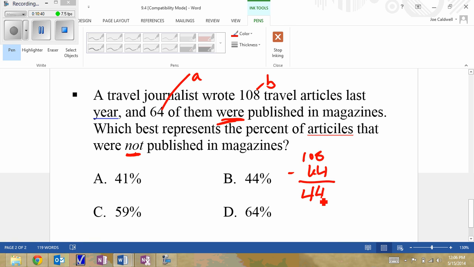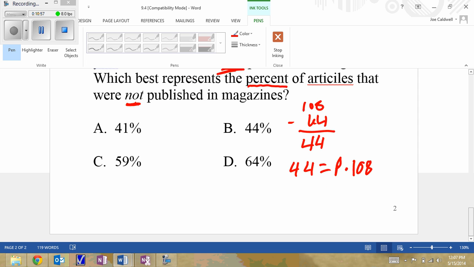So now we can plug this into our formula to find the percentage. So what we don't know is the percent. We know the part, 44. We don't know the percentage, but we do know the whole. So I have a one-step multiplication algebra problem where I need to divide both sides by 108, and 44 divided by 108 is, again, going to give me a decimal.